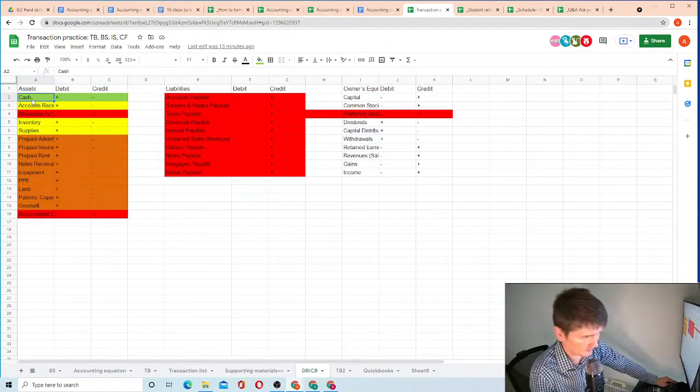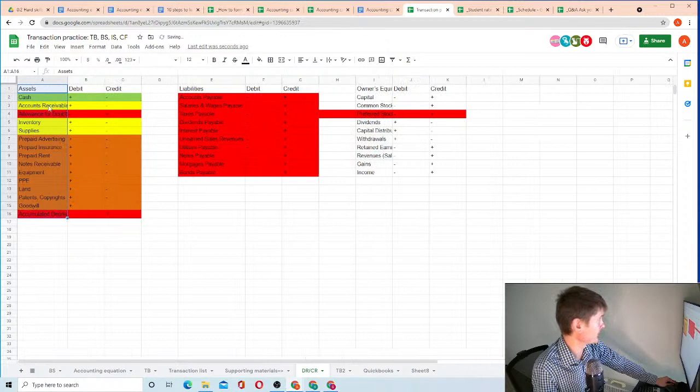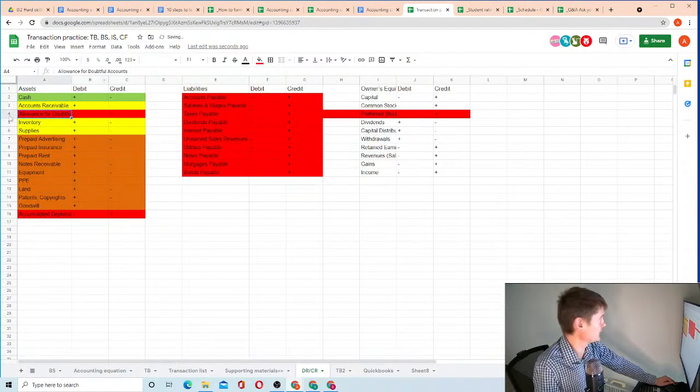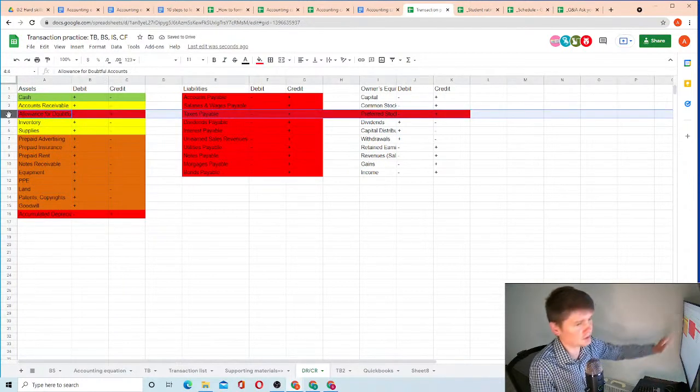So what I want you to learn by heart is that list of assets. If you think about assets, you need to think about these items first. You need to learn them by heart, excluding the red ones.